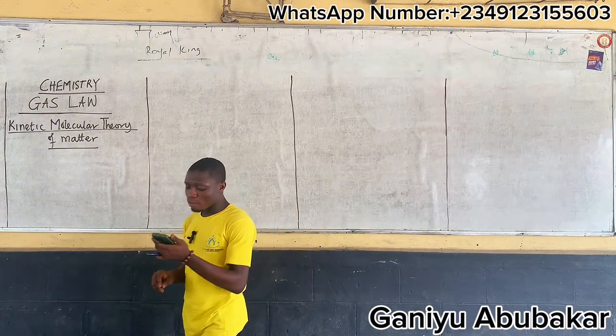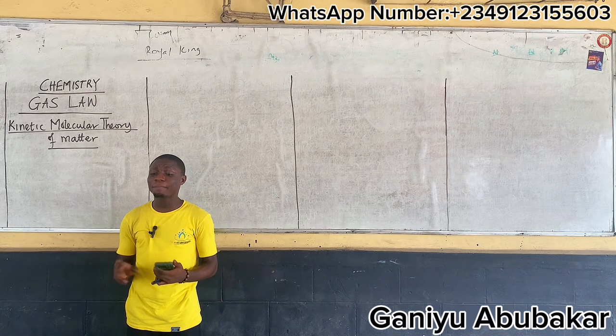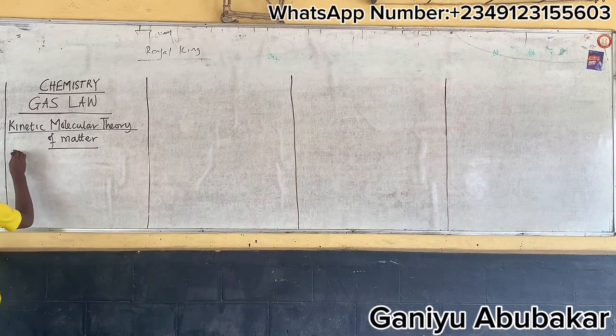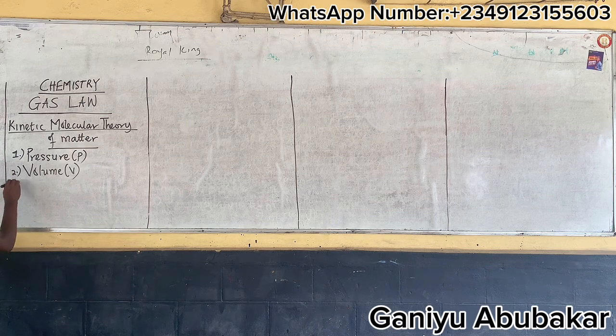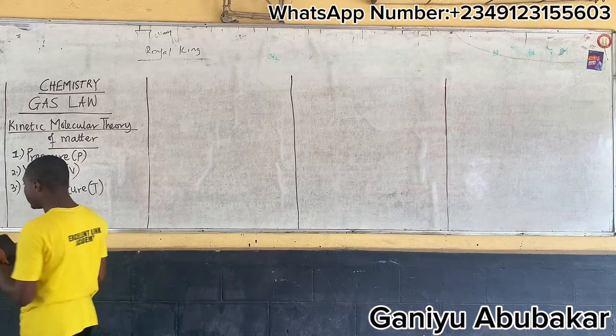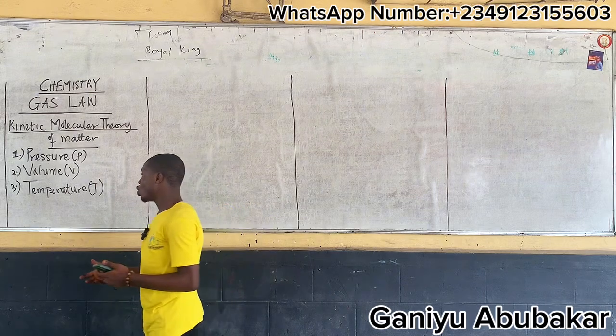The behavior of gases can be determined by some factors which include pressure, that's your P. Number two, volume, that's your V. And number three is called the temperature, that's capital T. So I said the behavior of a gas can be determined by some factors which include what there?